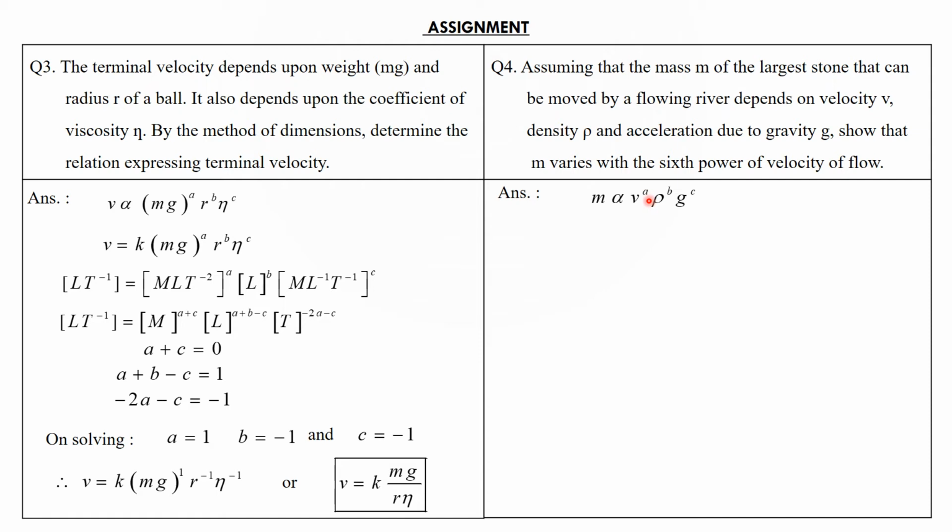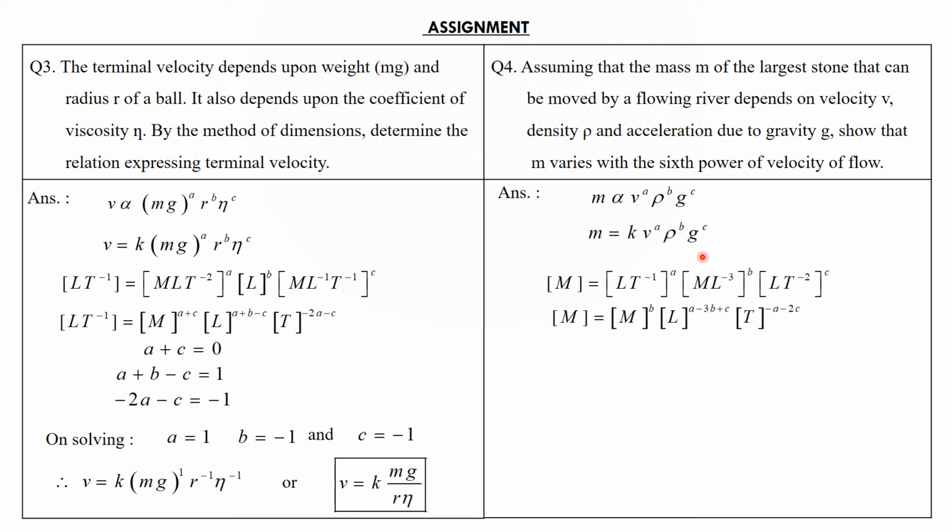So m is proportional to v to the power of a, rho to the power of b, and g to the power of c. That is m equal to k, v to the power of a, rho to the power of b, and g to the power of c. The dimensions are given as a hint. We put all the dimensions. Now we put all the M, L, and T terms separately.